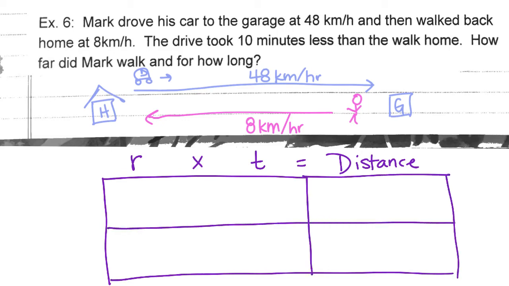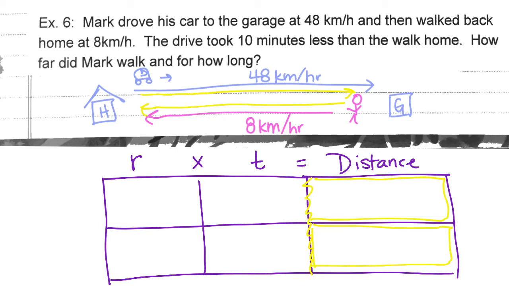And notice this last column right here is going to be what we use to compare. Now let's look. We're either going to add them, subtract them, or make them equal. In this case, if he's driving there and walking home, isn't he traveling the exact same distance? So couldn't I make box number 1 equal to box number 2 because it's the exact same distance?